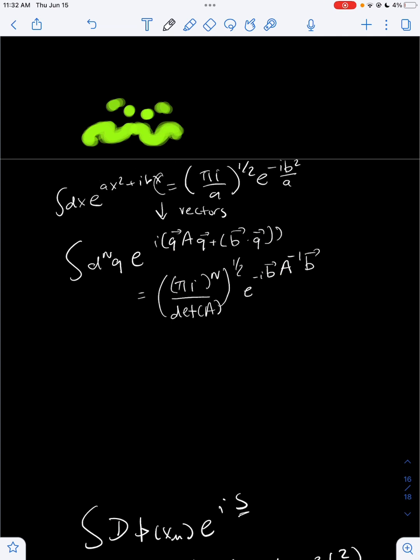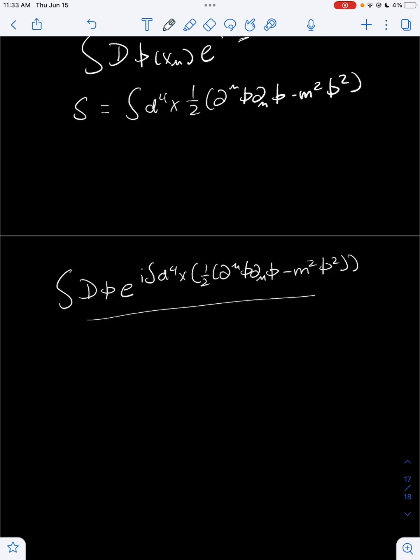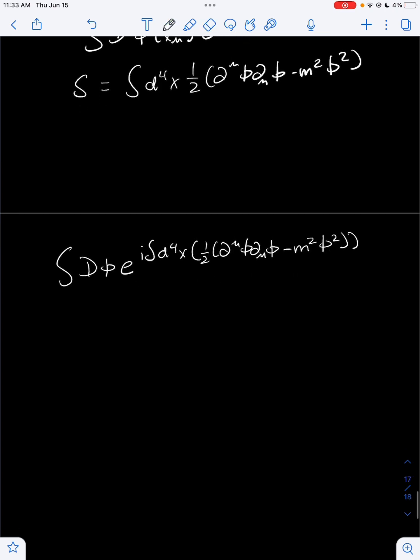If X is a vector, B has to be a vector too to get a scalar as a result, since the inner product between vectors is a scalar. Then we would have this over here, and we can just generalize that. That's a vector, so we'd have this over here, and this 1 over A is just the inverse of the matrix. So first of all, like before, we can actually use the integration by parts method.